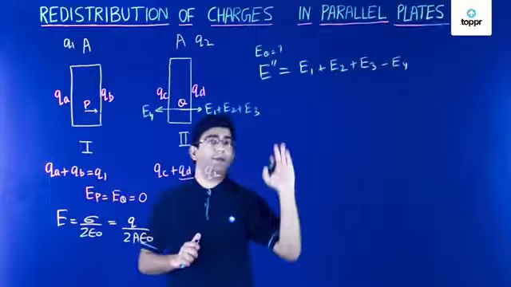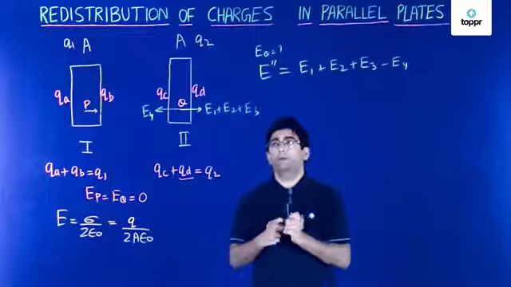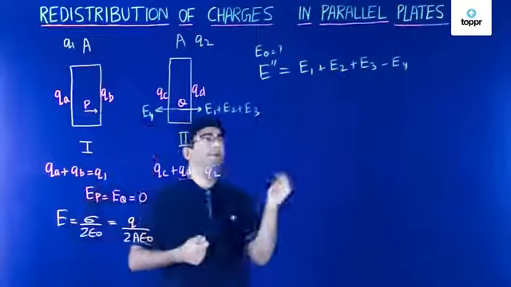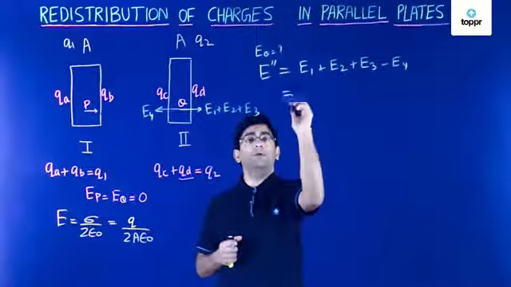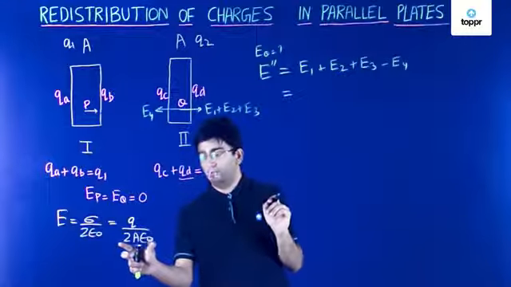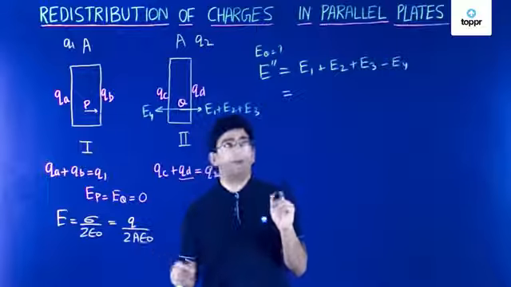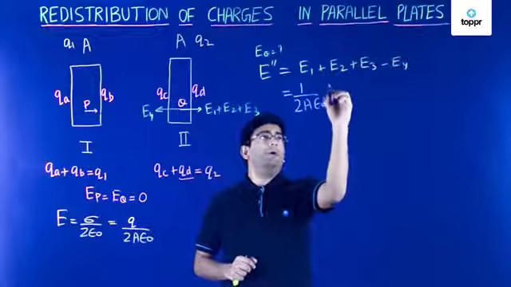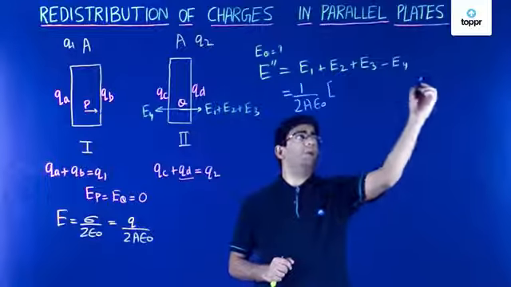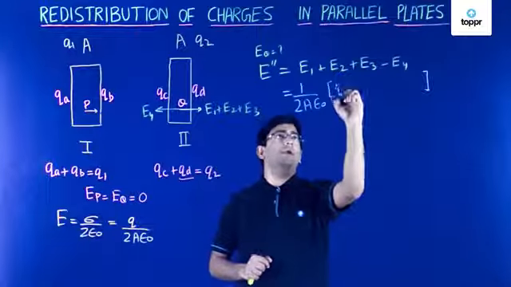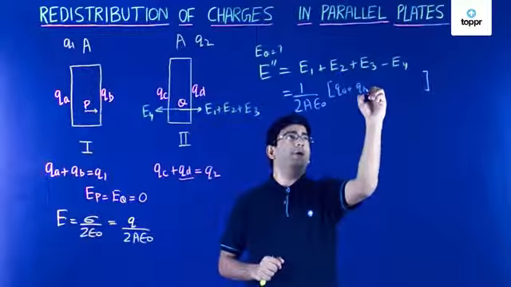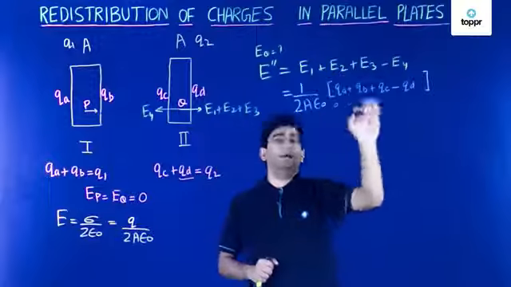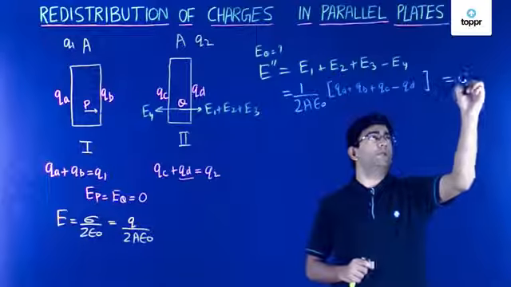So this is the net electric field at the point Q. Now if we use the basic expression of electric field, and take the term 1 by 2A epsilon naught as common and start a bracket, we will get QA plus QB plus QC minus QD. This entire expression has to be put equal to 0.